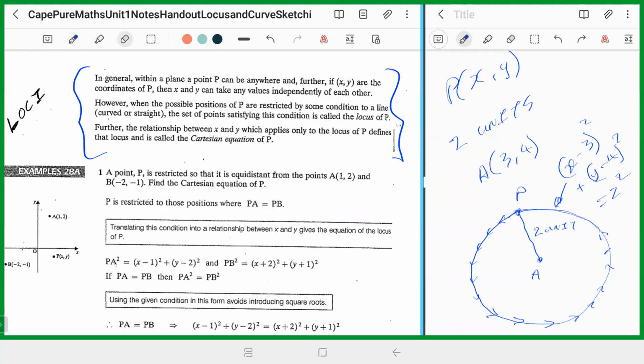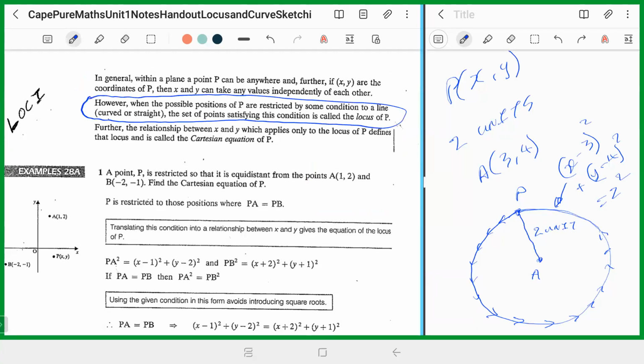What if you define a specific rule or specific conditions under which the point has to be? That's what the second paragraph is going to tell us about.